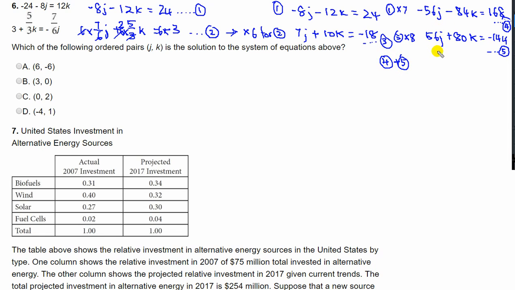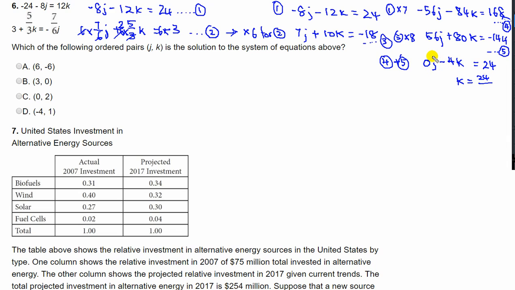What you end up with is 0j, plus, sorry, you get minus 4k. If you add both together, you will get 24.